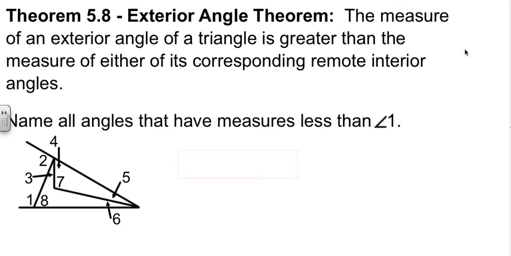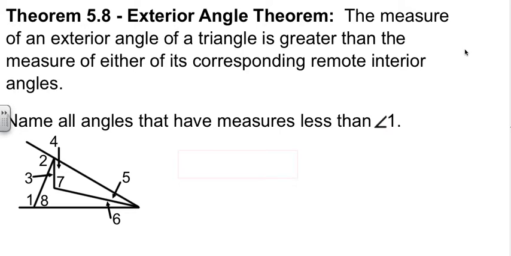Okay. This version of the exterior angle theorem says that the measure of an exterior angle is greater than either of the remote interior angles, which makes sense given that we know the exterior angle is equal to the sum of the two remote interiors.